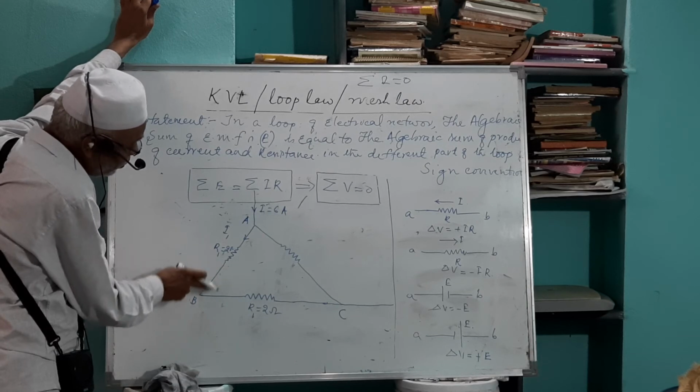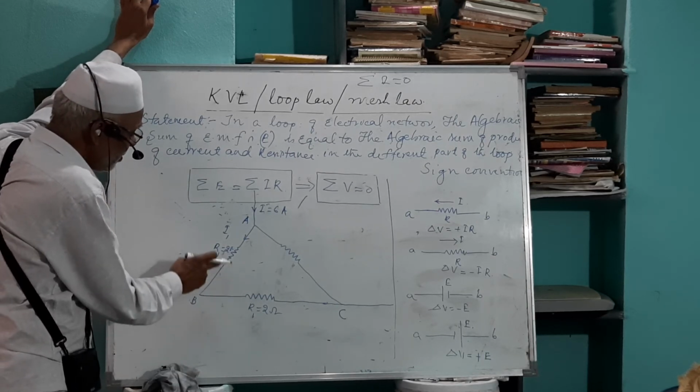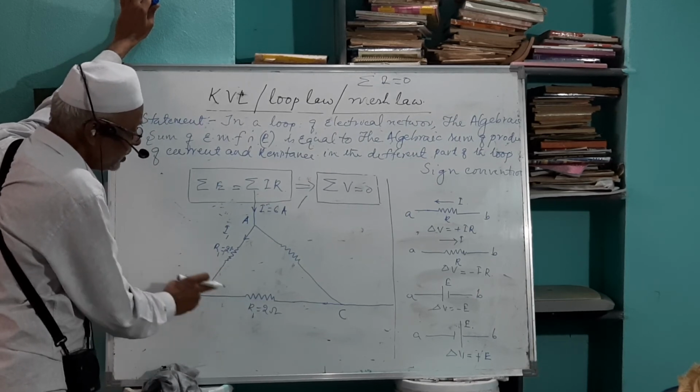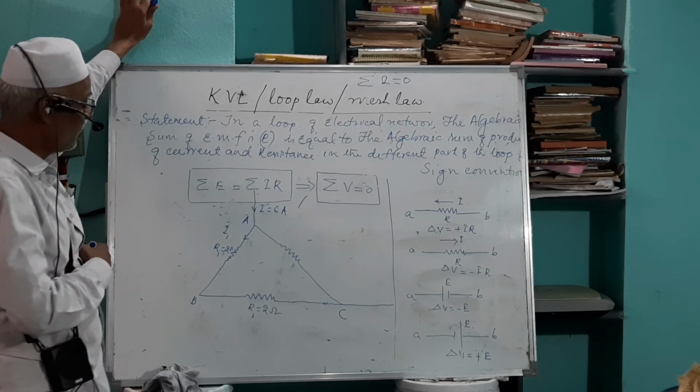Now these two resistors are connected end to end. Therefore you have to add the resistance of these two, and the net resistance is 4 ohm. And this is I2.